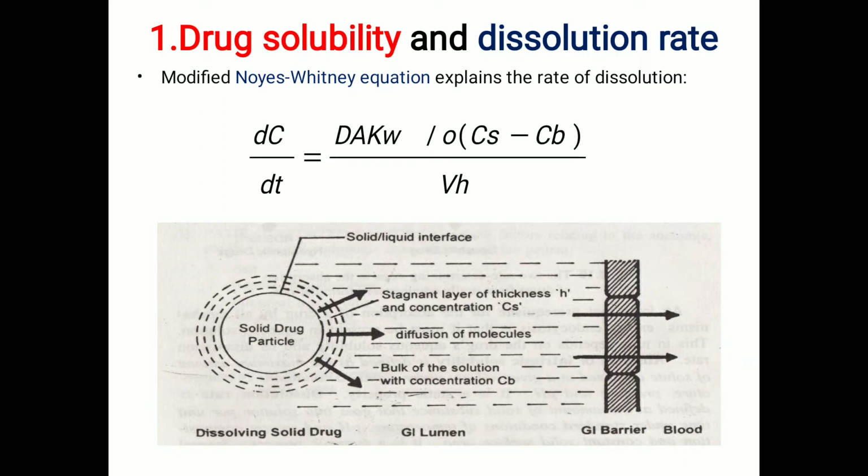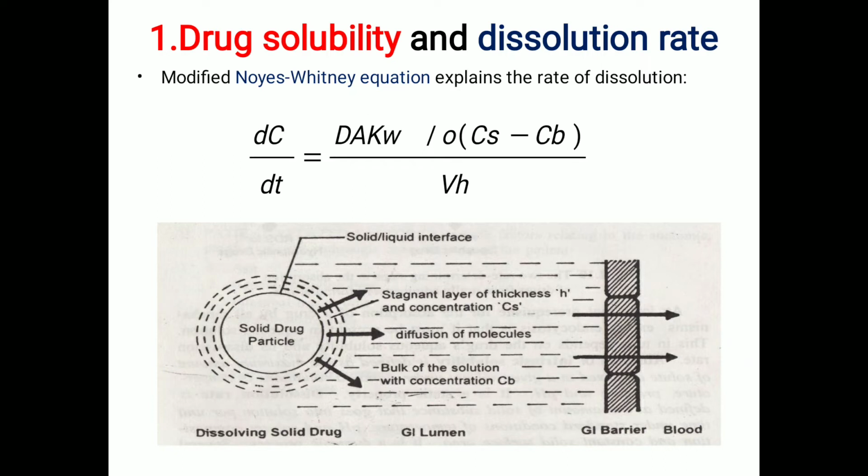Cs stands for concentration of drug in the diffusion layer, while Cb means concentration of drug in the bulk of the solution, that is the aqueous GI fluid, and this concentration difference is called the concentration gradient. So the greater the concentration gradient, the faster is the diffusion and drug dissolution. So this factor is particularly important.